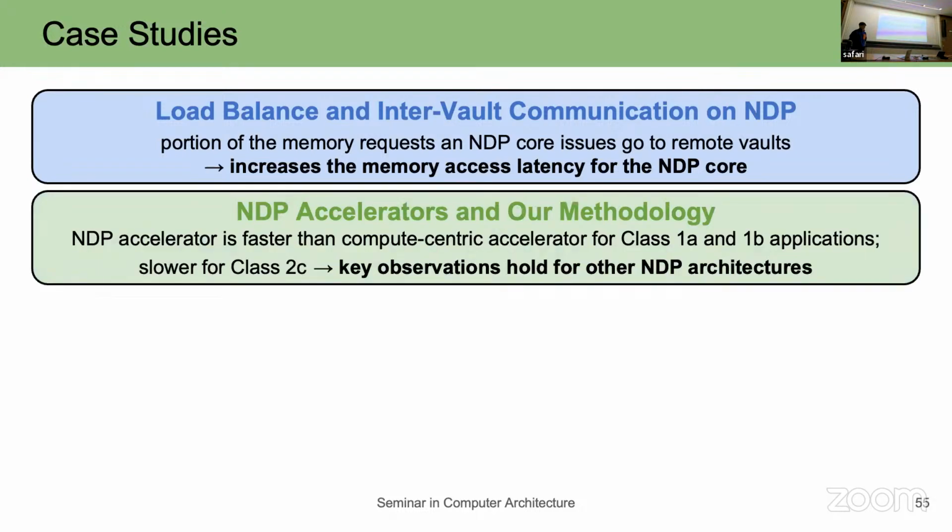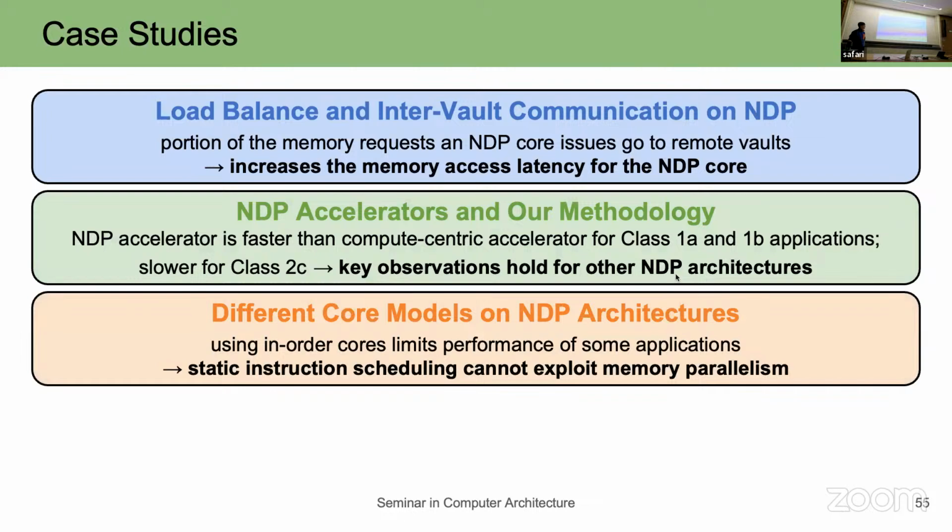The second one looks at the differences between a CPU and NDP system with the same accelerators using functions from the methodology. It's found that the NDP accelerator is faster than the compute-centric accelerator for class 1A and 1B, and slower for class 2C.